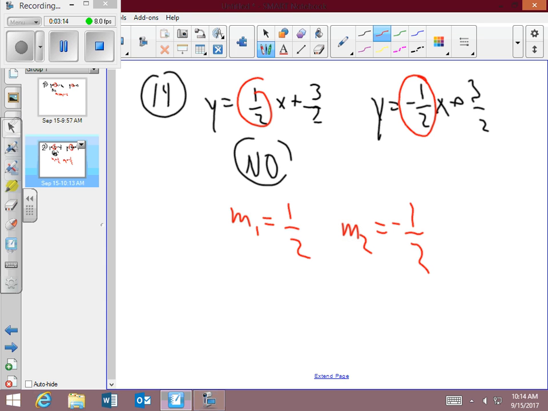And to be perpendicular, what must be the relationship between M1 and M2? It has to be the reciprocal, and it's got to be a negative, right? So you see M2 is a negative, it meets that qualification, but it's not the reciprocal of 1/2.